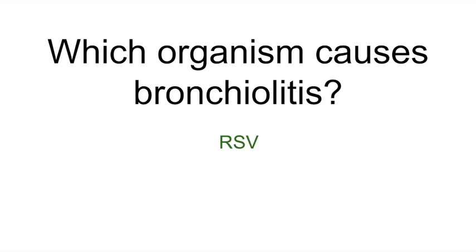So, as I mentioned before, to prevent this condition, you can give the monoclonal antibody palivizumab for infants that are less than 29 weeks gestation, who have chronic lung disease or prematurity, or who have hemodynamically significant congenital heart disease.